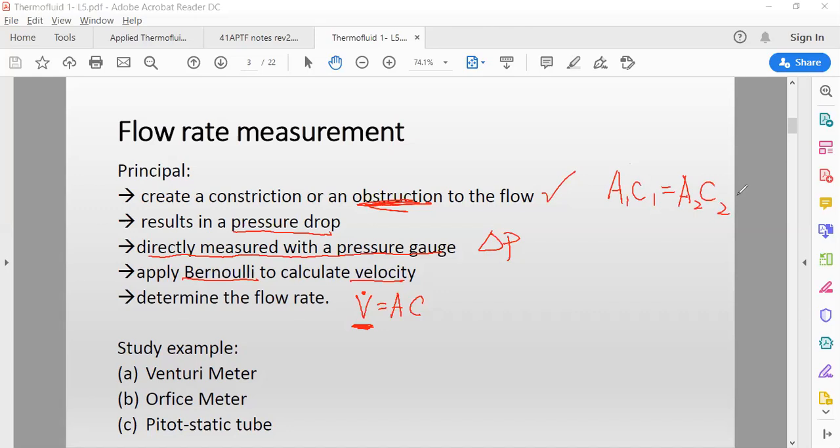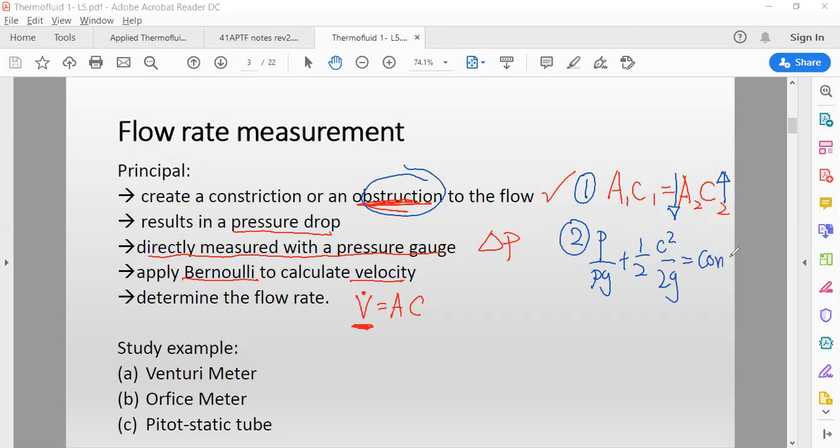If we create an obstruction, it means we reduce the cross-sectional area. If I reduce my cross-sectional area, the flow speed must increase. That is step number one. Next, based on our Bernoulli principle, P over rho g plus C squared over 2g must be a constant.